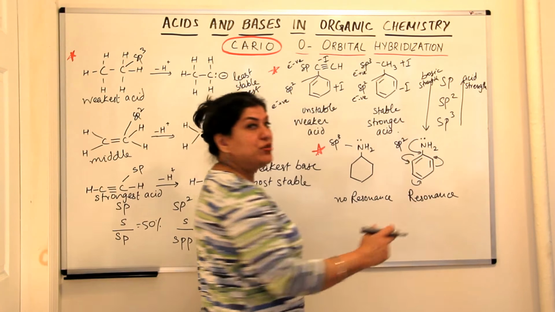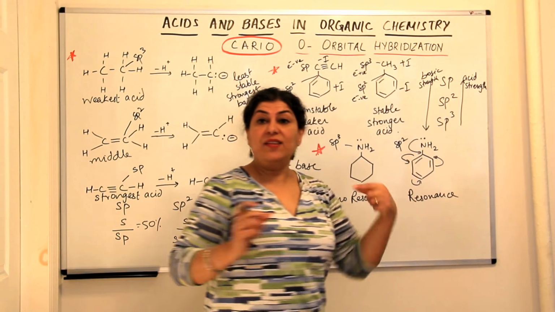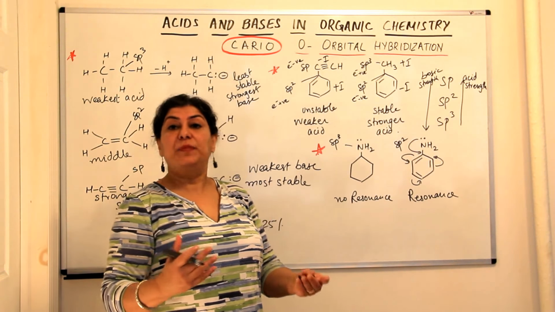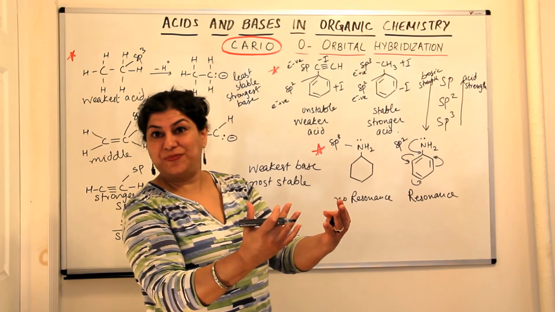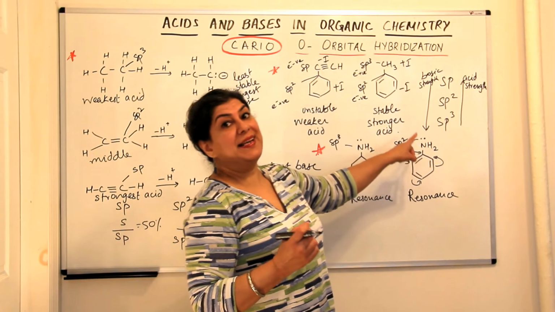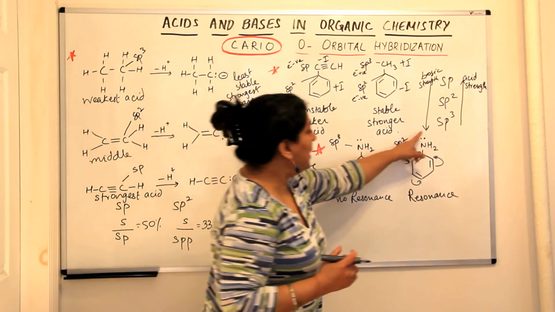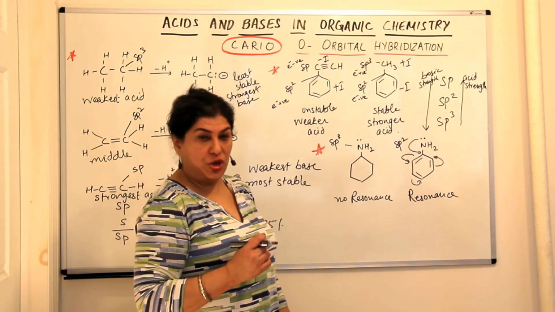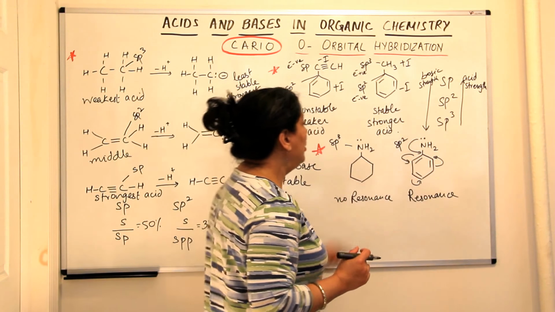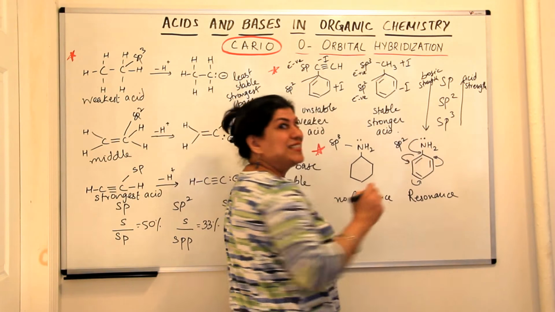If this shows resonance, resonance pulls the electrons towards the ring, and therefore the electrons are not available now to be lost. A base is a proton acceptor or an electron pair donor. So would it be able to donate the lone pair of electrons? No. So therefore, due to resonance also, the electrons come into the ring and they stabilize it.